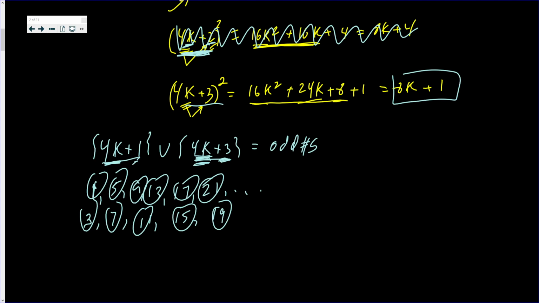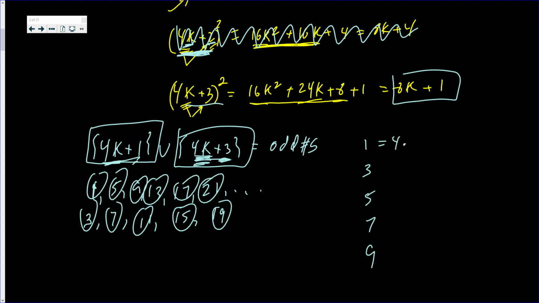It turns out that every odd number is either one more than a multiple of 4 or 3 more than a multiple of 4. 1, 3, 5, 7, 9. This is 4 times 0 plus 1. This is 4 times 0 plus 3. This is a multiple of 4 plus 1. This number is a multiple of 4 plus 1.